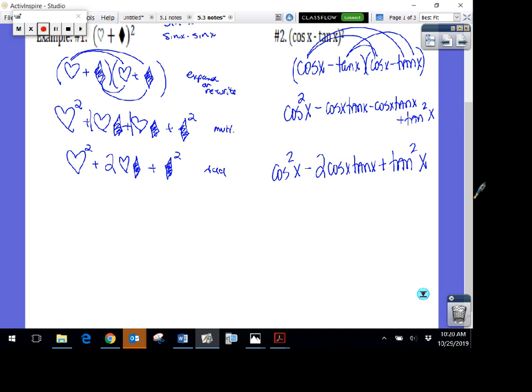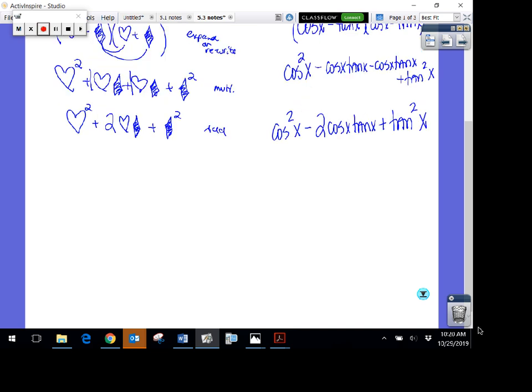Now this cosine tangent might be able to do something with that. Cosine squared x minus 2 cosine x times tangent, which is sine x over cosine x, plus tangent squared x. So there is some more simplifying I can do right there. You want to be sure and show this.